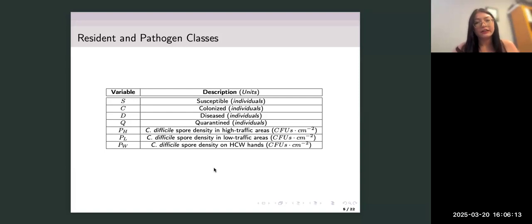We deem high traffic areas to be areas where there's a lot of interaction, for example, common rooms and cafeterias. Then PL is the spore density in low traffic areas, which are conversely areas with little interaction, such as a resident's private room and private bathroom. We also have PW, which is our spore density on healthcare workers' hands, since we deem healthcare workers to be a vector for disease transmission.